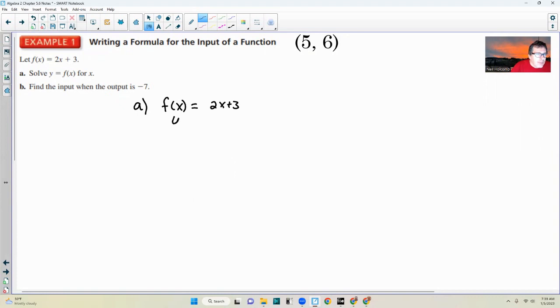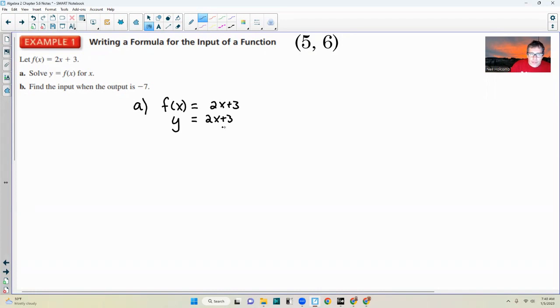So the first thing I'm going to do is change f of x to y and say that equals 2x plus 3. F of x just means what is y when x is some value. So f of x is equivalent to y, if you will. Now it says solve y equals f of x for x. In other words, get x by itself.